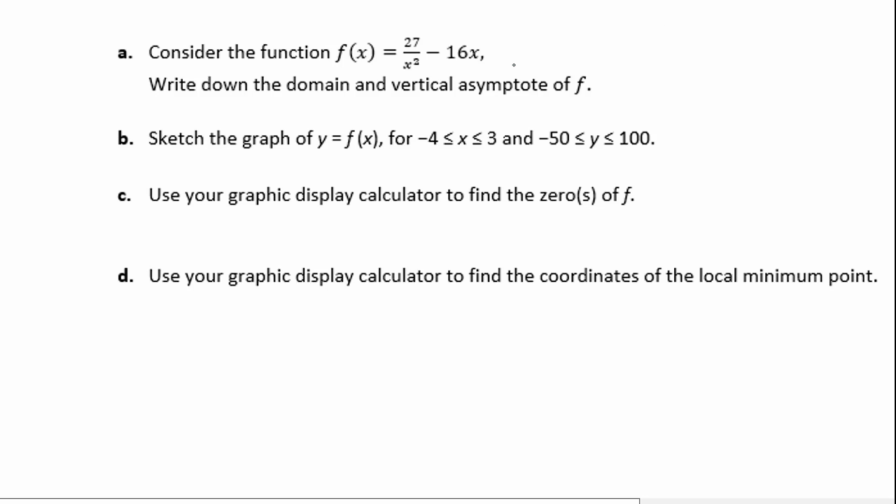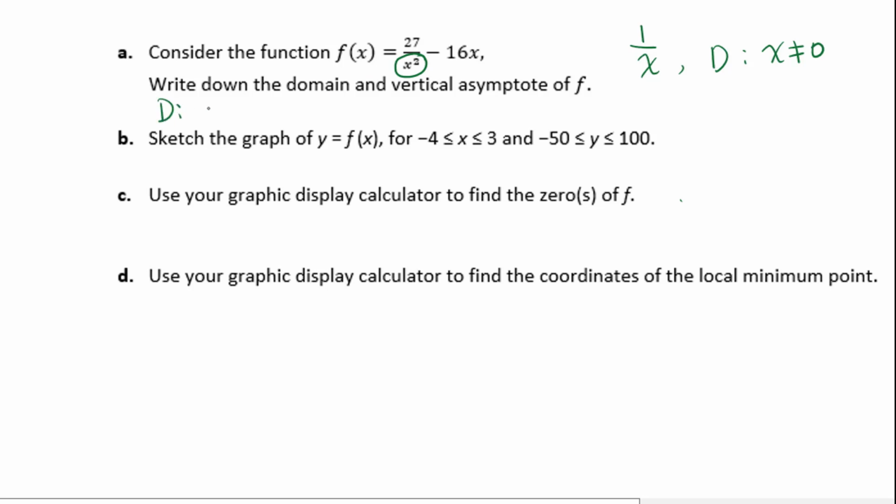We know this is a rational function. For the rational function 1 over x, the domain will be x not equal to 0, which means the denominator is not equal to 0. For f of x, the denominator is x squared.